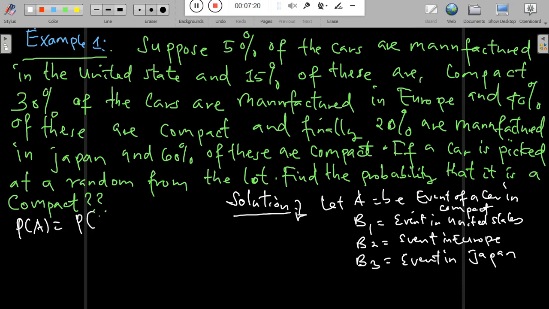Our formula, the probability of A is given by the probability of A intersection B1 plus the probability of A intersection B2 plus the probability of A intersection B3.